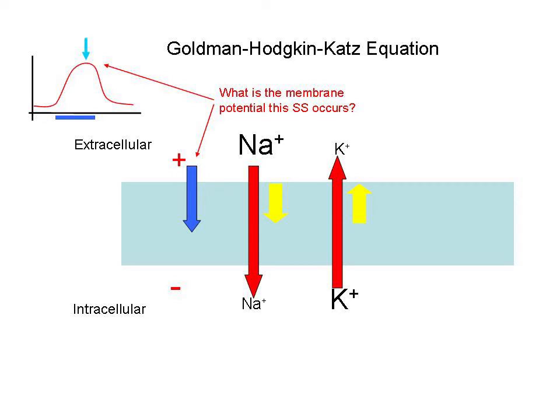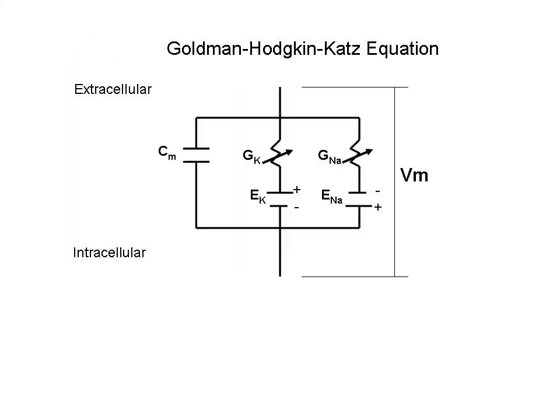As we can understand, it depends on both the chemical potential of the ions and also the conductance of the membrane to those ions. To answer that question, we need the Goldman-Hodgkin-Katz equation. The Goldman-Hodgkin-Katz equation is simply a solution of this electrical circuit.